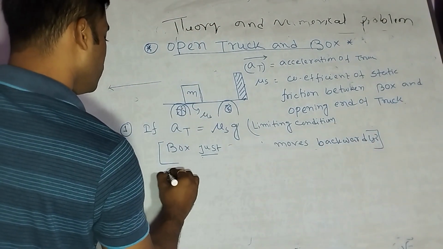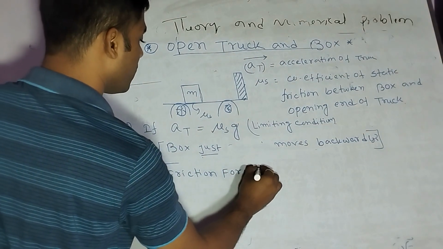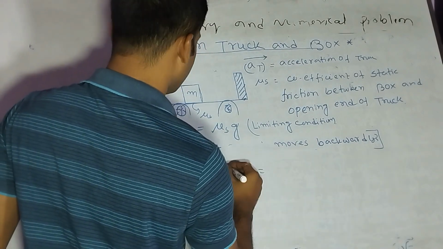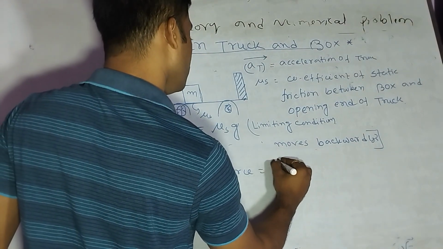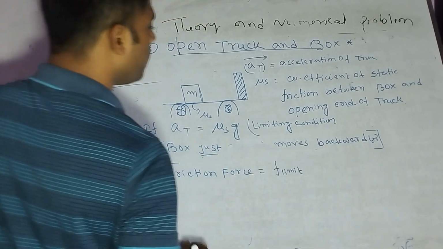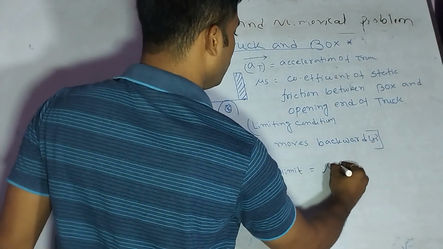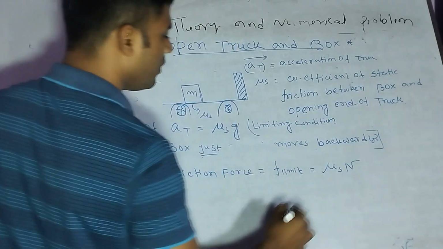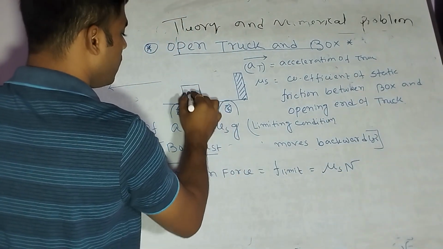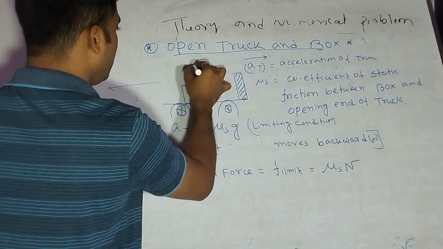Then the friction force can be applied in this condition. Friction force is equal to the limiting force, F limiting. The F limiting formula is mu s into n. This is the limiting friction. The weight of the box is mg, and the normal reaction R is applied in the opposite direction.